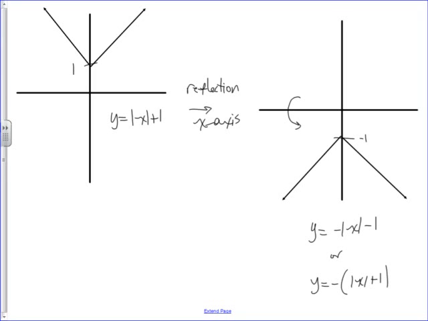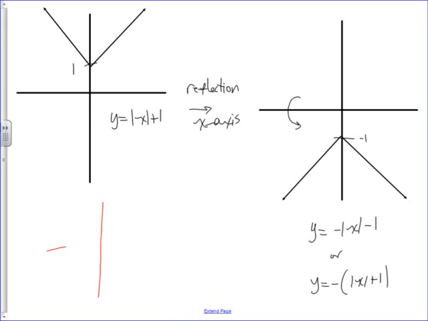Or if you distribute that negative through, it would look like negative absolute value of x, which would turn it over, and then minus 1, which would pull it down. Makes sense?